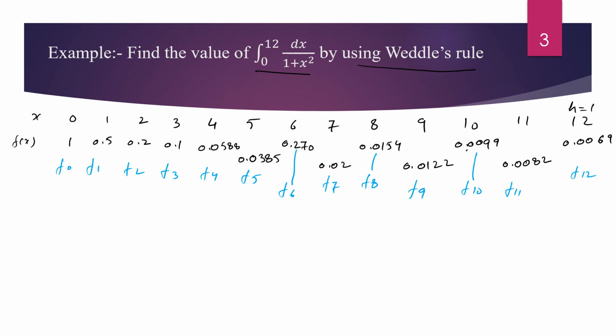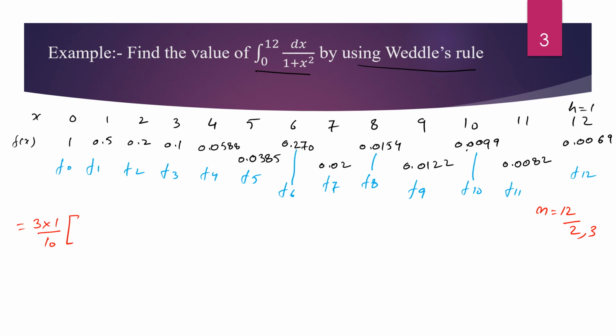Now by using Simpson's and Weddle's rule, the partition n is equal to 12. It is divisible by 2 as well as 3. So Simpson's 1 by 3 and 3 by 8 rules can also be implemented on this interval. But the solutions by Simpson 3 by 8, 1 by 3 and Weddle might be different because it is just an approximate solution of the problem. So 3 by 10.